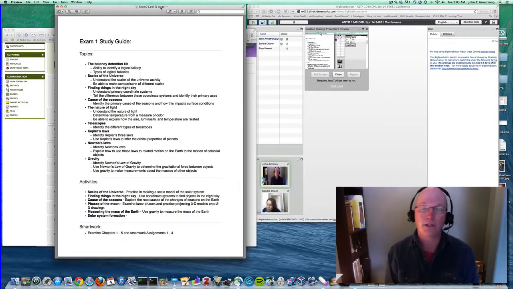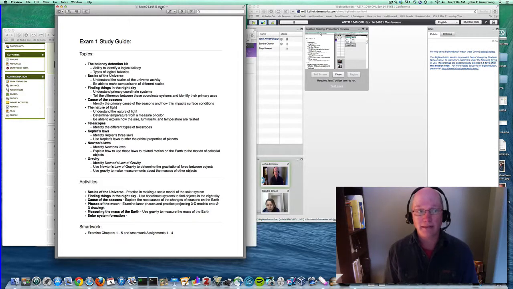And so if you've done your scales of the universe activity, you'll note that there's the challenge of getting the solar system on a map of campus and still being able to see where all the planets are, and noticing that you can't see their sizes when the scale is that large. And also being able to make comparisons at different scales, so that you can, in your mind, if somebody tells you the relative sizes of things, you can kind of picture what those really look like. So that's what we did for scales of the universe.